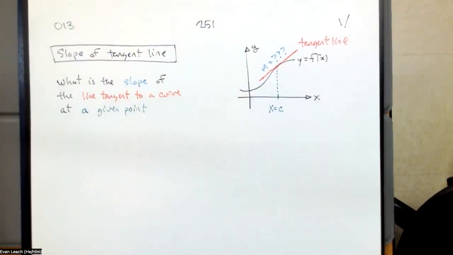What is the slope of the tangent line? What is the slope of the line tangent to a curve at a given point?